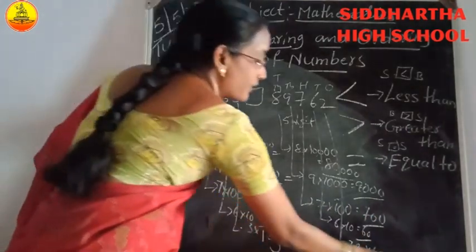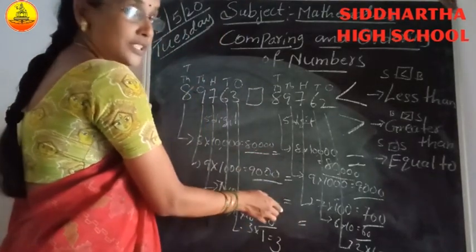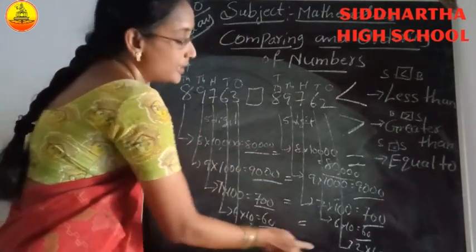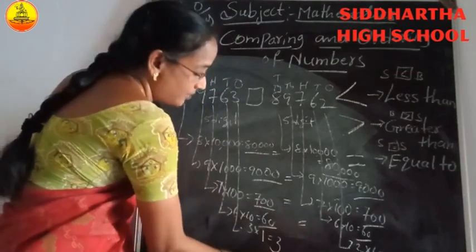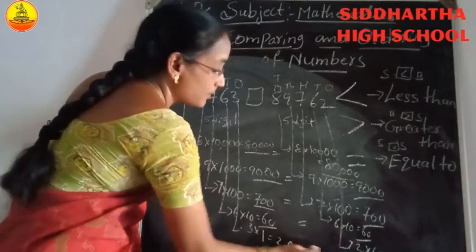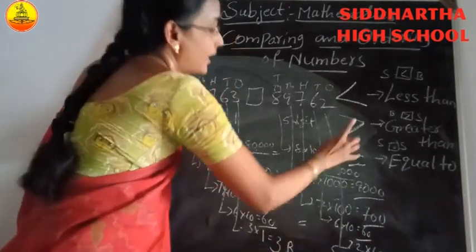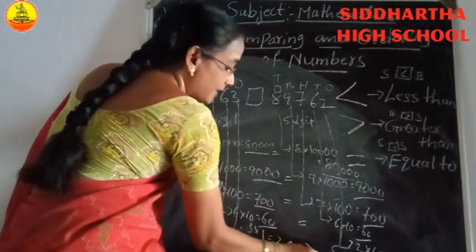But here it is different. When it is the same, you use the equal symbol. When it is different, observe here 3, 2. The first one is big, the second one is small. 3 is the big, 2 is the small. I told you already, big to small. Which symbol will be used? Greater than.